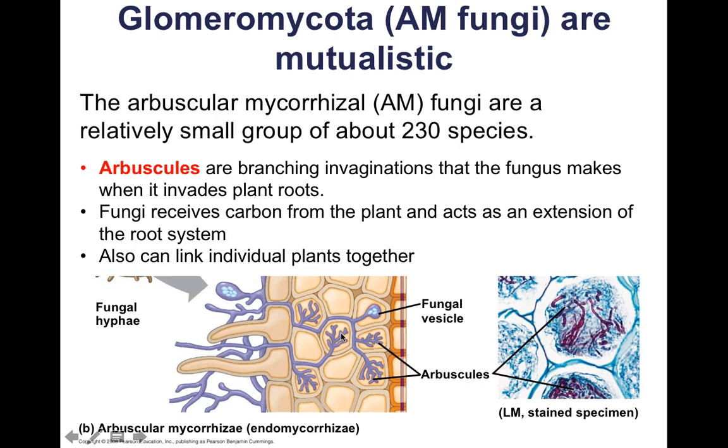And farmers will actually inoculate their fields with this type of fungus because it improves crop productivity by increasing the size of the root system. Another interesting thing about these fungi is they can actually link different plants together.